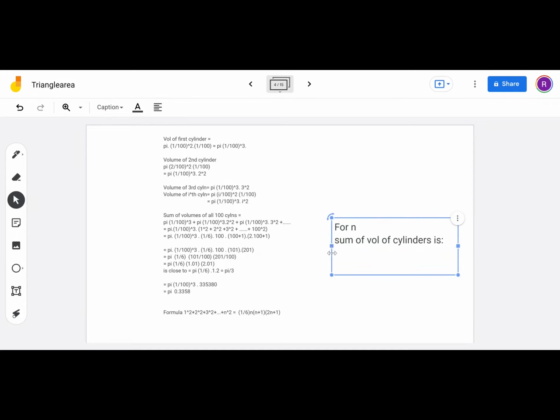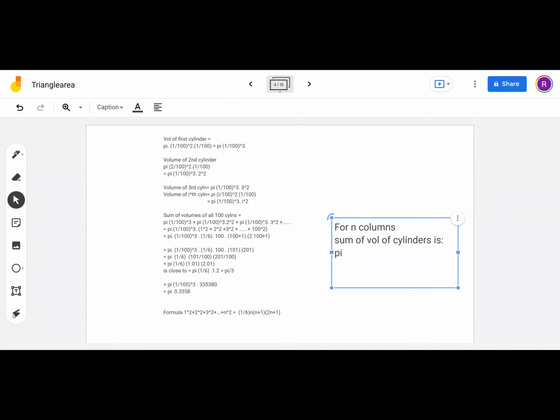So what is the general formula for n columns? Earlier we had pi into 1 by 100 cubed, into 1/6 into 100 into 100 plus 1 into 2 times 100 plus 1.